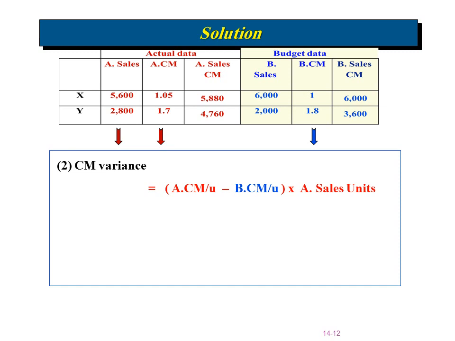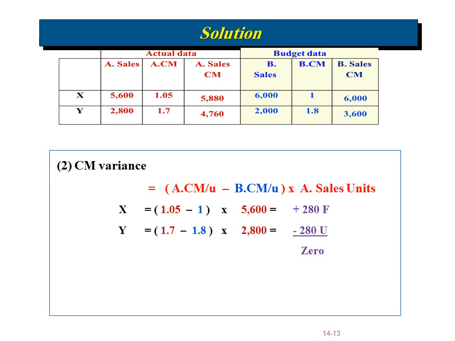For example, for X, 1.05 minus 1 times 5,600. And for Y, 1.7 minus 1.8 times 2,800.